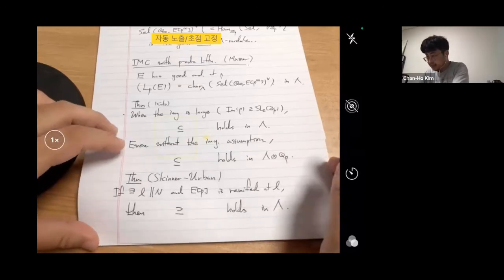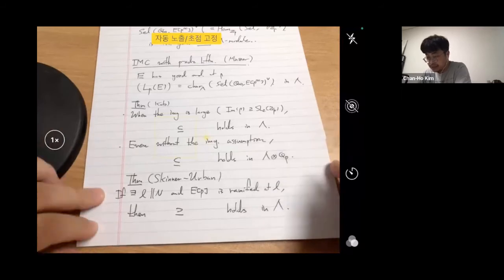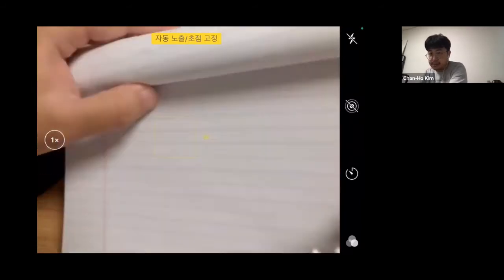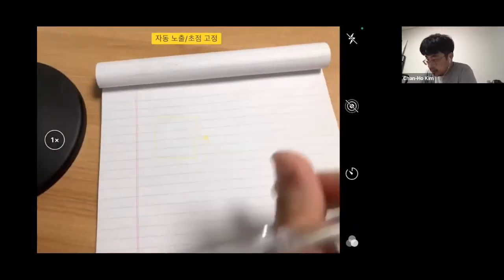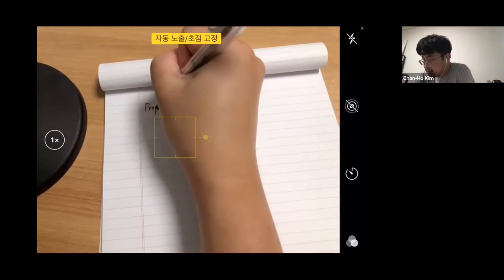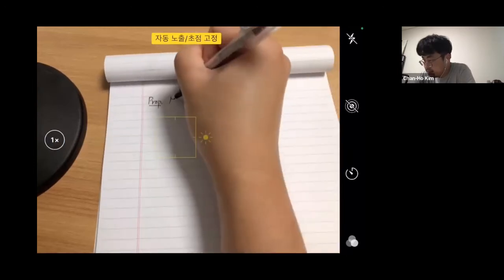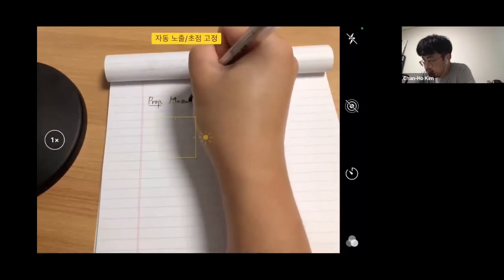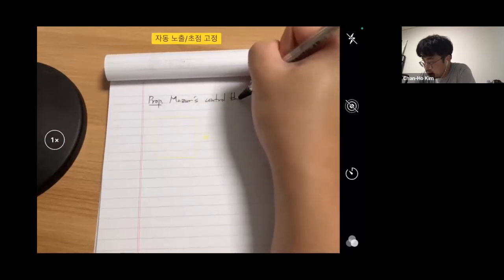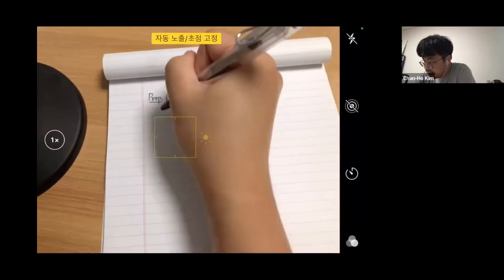Okay, so everything is about the good ordinary reduction case. And finally, I just want to also state Mazur's control theorem. Still the good ordinary case.